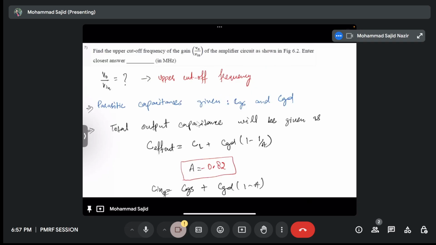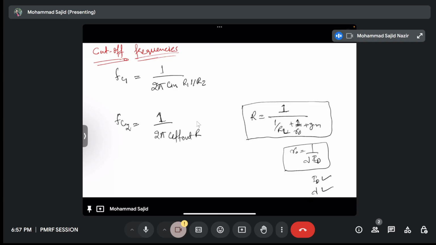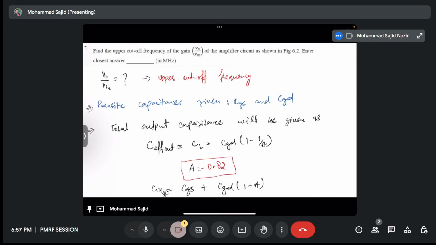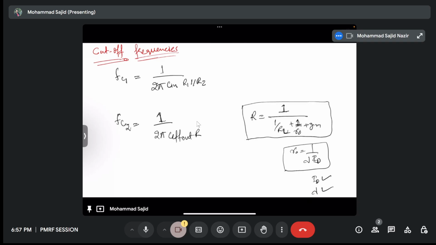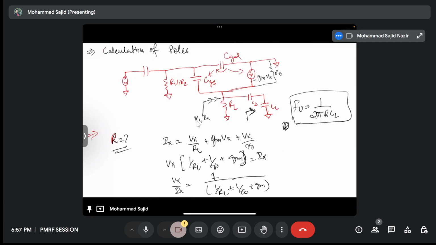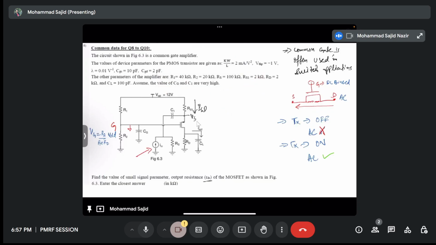This is easy. This is again finding the effective output capacitances, and then the cutoff frequencies, calculation of poles, that is the frequencies.